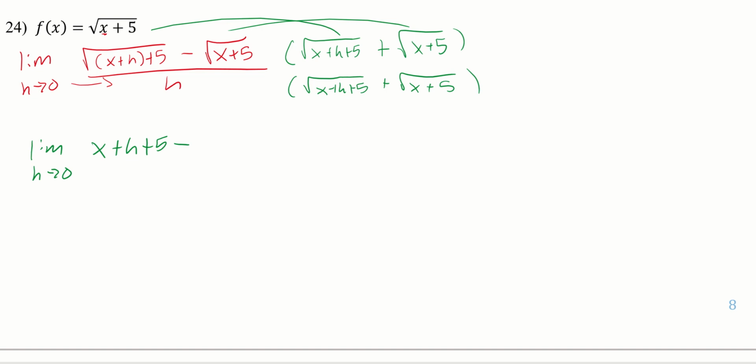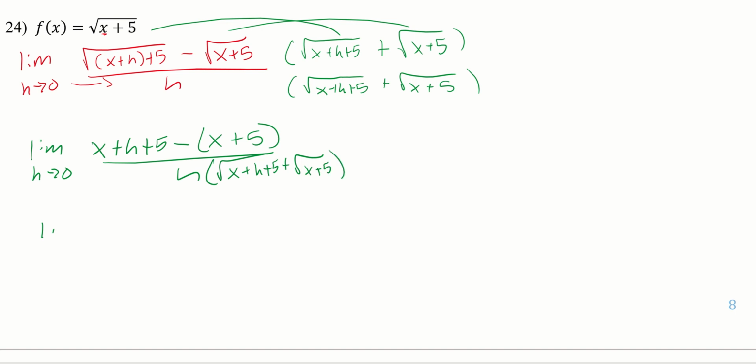Now this is where we've got to be careful because it's minus the entire thing. So it's minus x plus 5. Okay, so a very common mistake is to do a minus x plus 5, but forget to distribute in the negative. So cleaning it up, totally forgot this ginormous thing in the bottom. Square root of x plus h plus 5 plus square root of x plus 5.